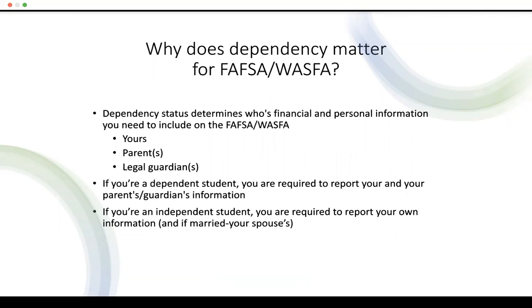But if you're an independent student, you only are required to report your own information. And if you're married, you have to include your spouse's as well. So that's the biggest difference in dependency: whose information am I required to report for the FAFSA or WASFA? And it's determined by this either dependent or independent status, okay?